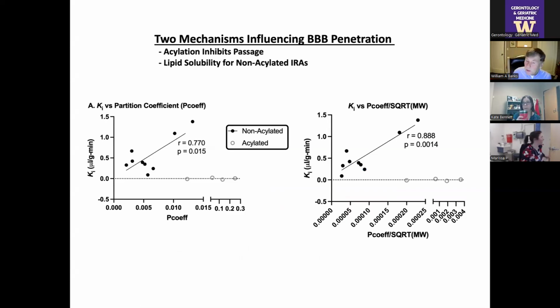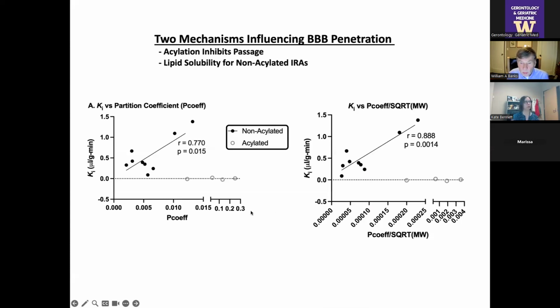We had published another mechanism, realized that the company had sold us a different kind of peptide than we thought we had. So when we did the recalculations, we found that the remaining 9 substances cross by a function of their lipid solubility. And if we correct for molecular weight, we get even more.